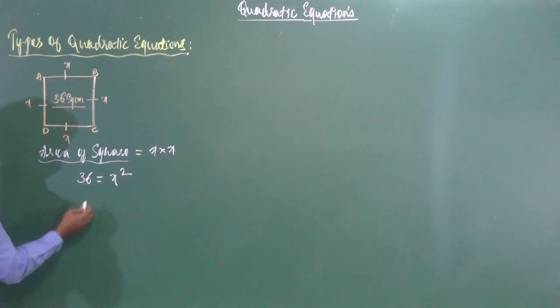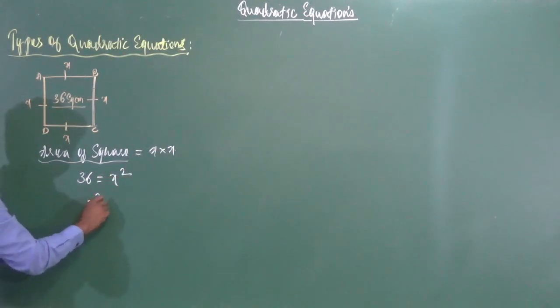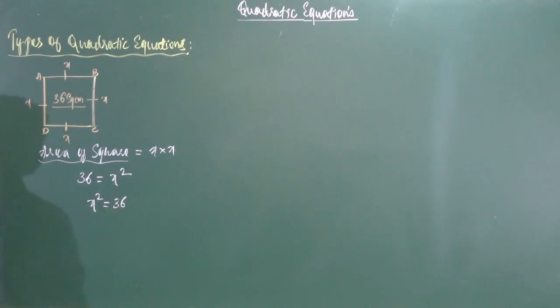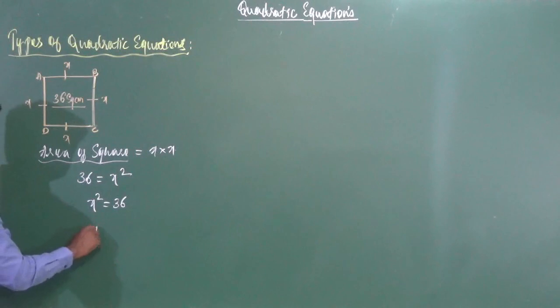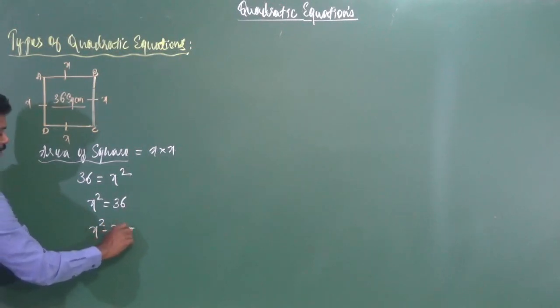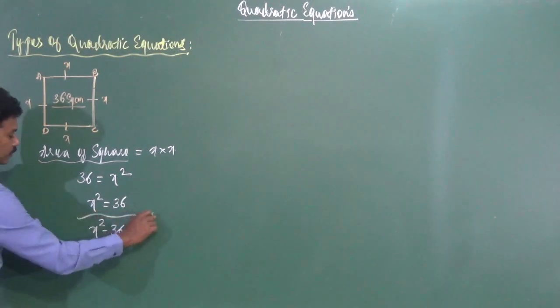If I overturn this equation, I get x square is equal to 36. If I transpose 36 to the LHS, that becomes x square minus 36 is equal to 0.